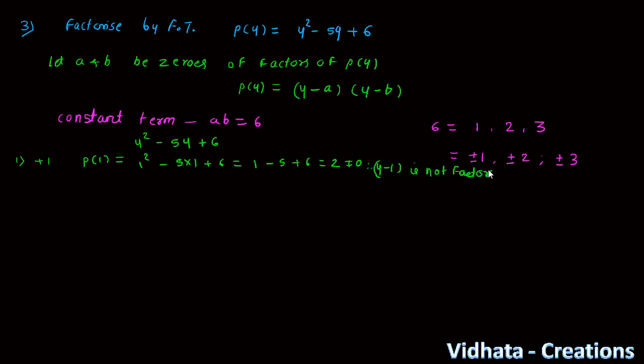Now let us check for the second value. What is the possible second value? Second, we will use minus 1, and let's check for p of minus 1. So p of minus 1 is equal to minus 1 square minus 5 into minus 1 plus 6. After calculation, minus 1 square is 1, minus times minus 5 is plus 5, plus 6.